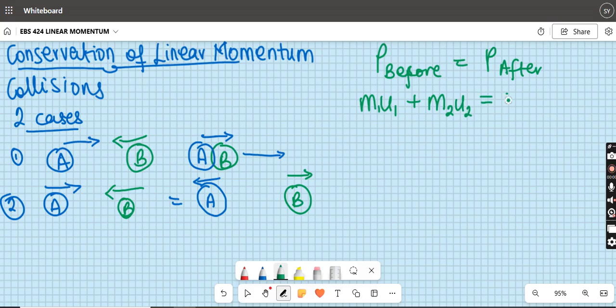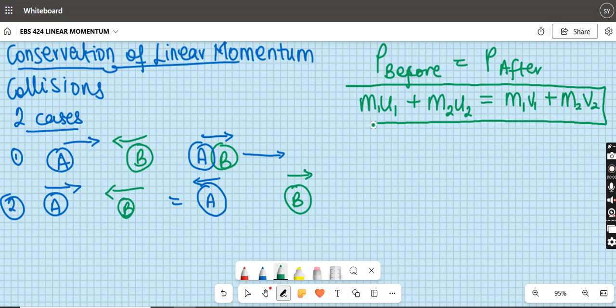After collision, we are going to have m1v1 plus m2v2. So the momentum before and the momentum after should be the same. This condition is if the two objects move separately.